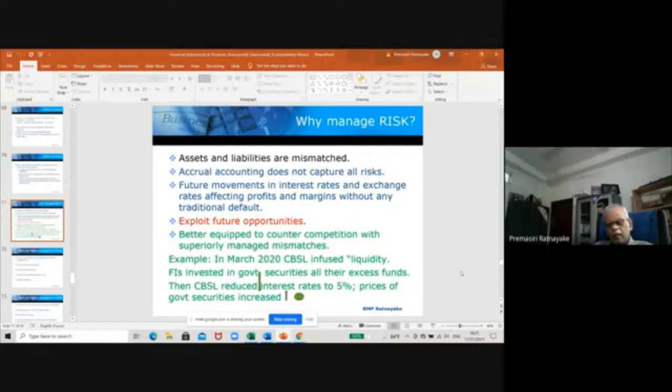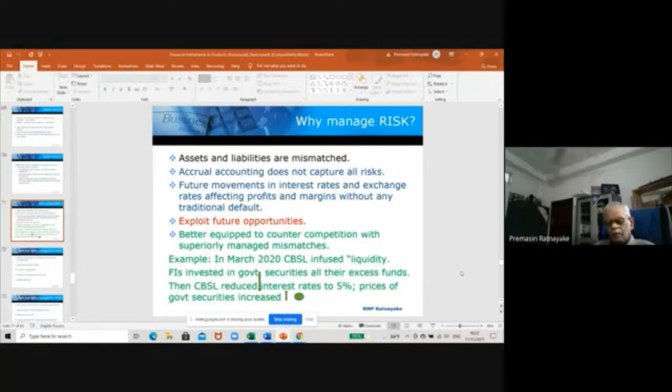And as a result, as we discussed in one of the previous PowerPoint presentations, banks and finance companies have been able to maintain a high level of profitability when the other sections of the economy were struggling, especially during the COVID pandemic period since early 2020.